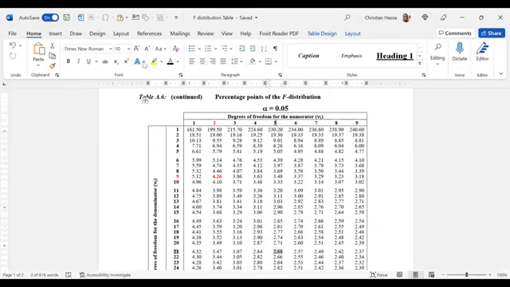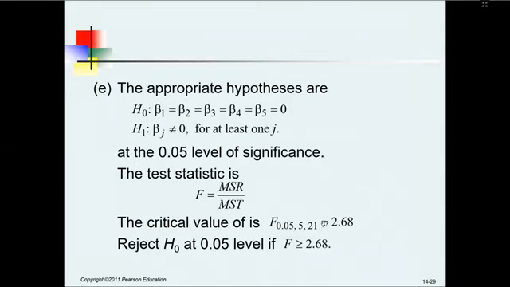So the critical F value is 2.68. What will be the decision rule? Reject when it is greater than 2.68, or retain when it is less than 2.68.